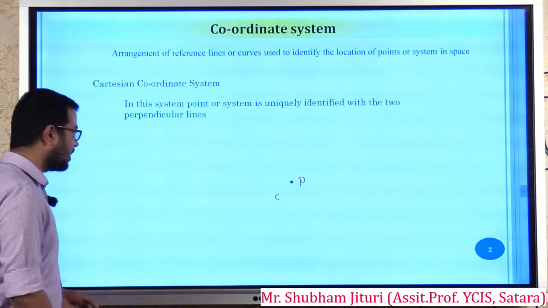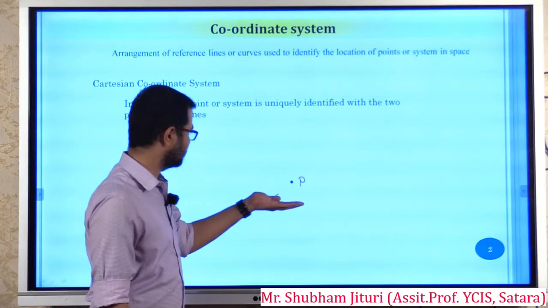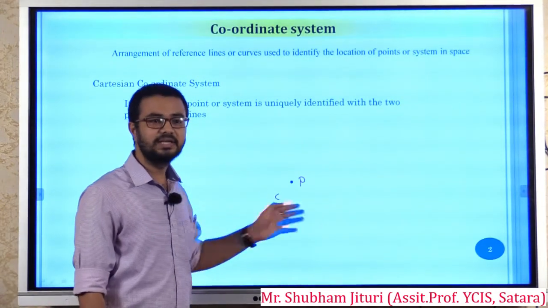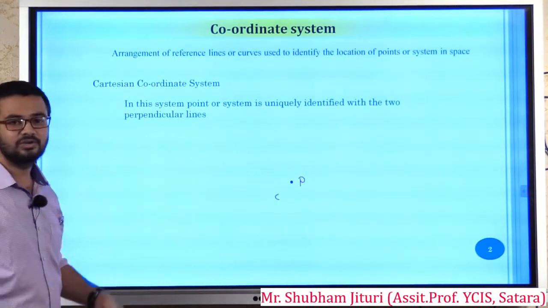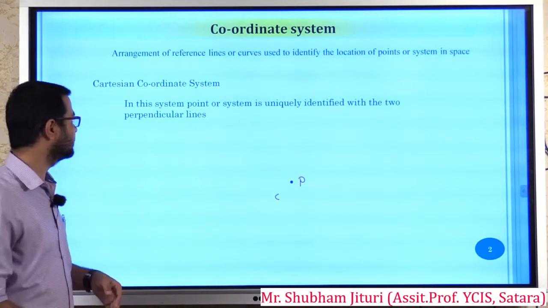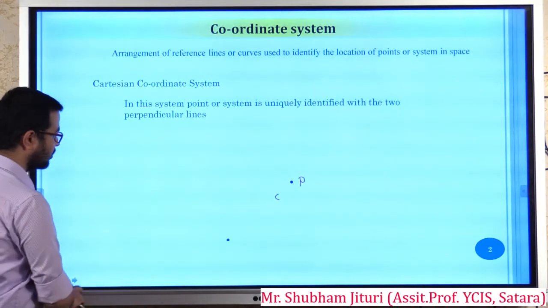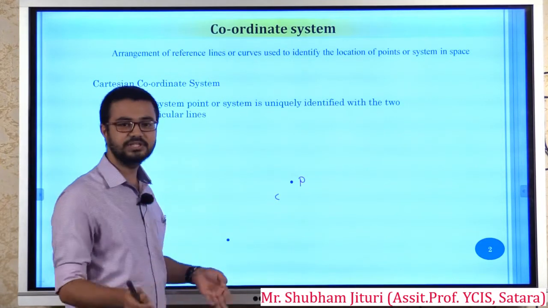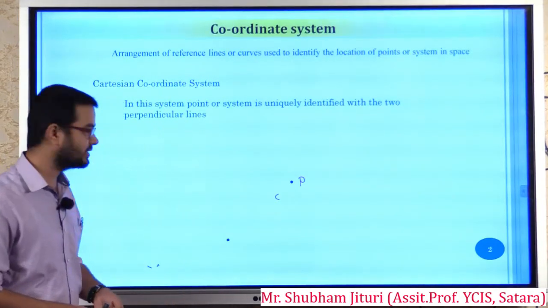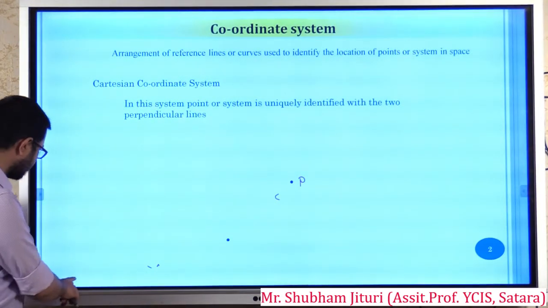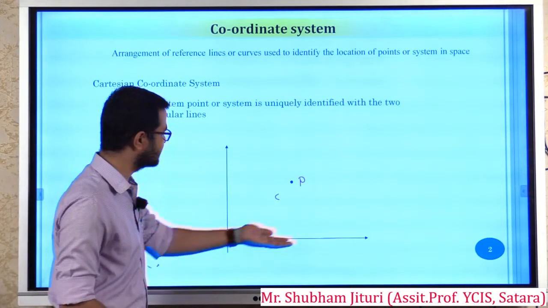Now I have to locate its point in this plane with respect to the Cartesian coordinate system. For that, you consider a stable point, which you call the origin, and with respect to the origin you draw two axes.